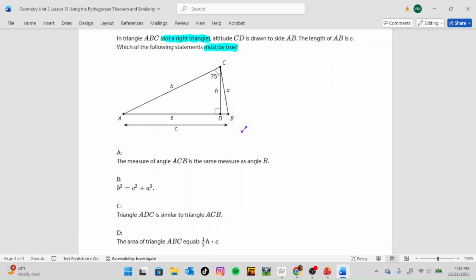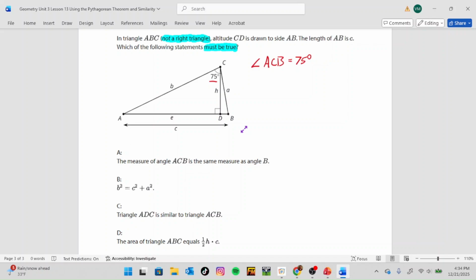Choice A says the measure of angle ACB. All right, we know that the angle ACB equals 75 degrees. It says this is the same as measure of angle B. Well, the problem is we don't know.